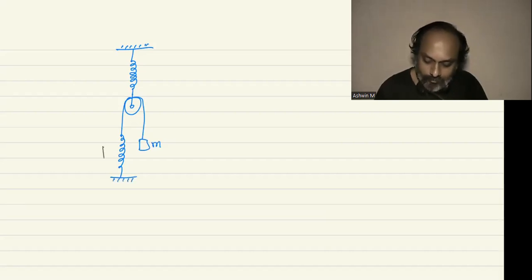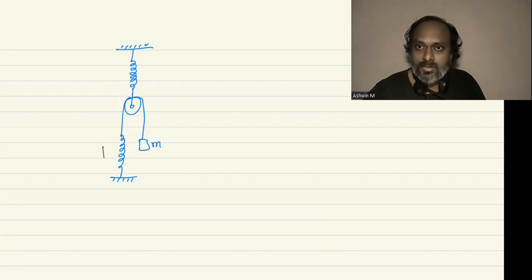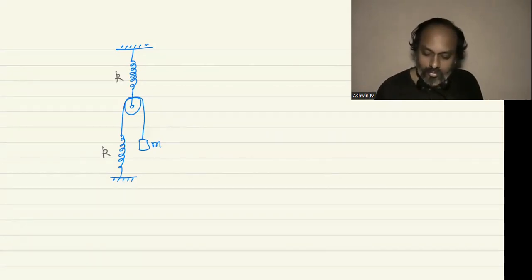So let's say the spring constants, I'll just give you the values. So consider the case where both the springs are having the same spring constant. So let me assume that T is tension in the string which is connecting to the block. Then the same string passes over the pulley.